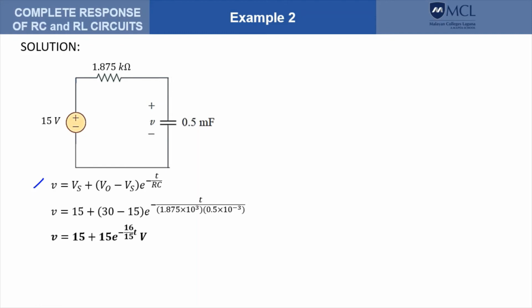We know V naught to be 30 volts, so plugging in the rest of the values, that should give us an equation for V that is like this.